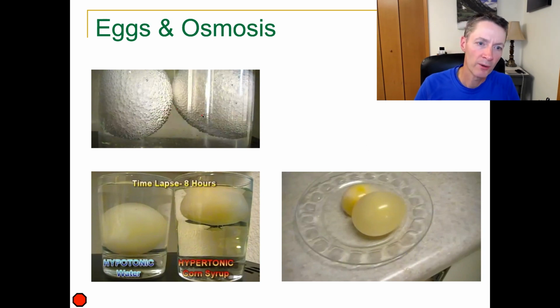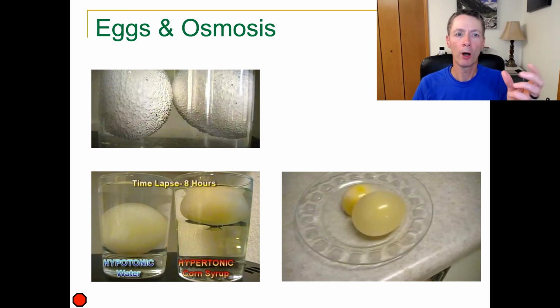They're going to bubble, okay? They're going to give off some gases as it dissolves that calcium hard shell. And you will end up with actually kind of a soft membrane. Now, this is not exactly the same as a cell membrane, but it's pretty similar in that it's going to be soft and it's going to be permeable to water. Now, if you put those eggs that have been dissolved of their shell into hypotonic water, let it go for a while, like 8 hours, and then compare what happens there to if you put it into corn syrup.